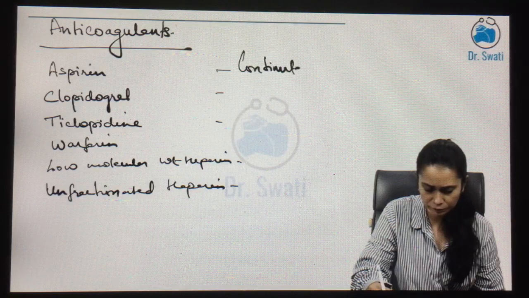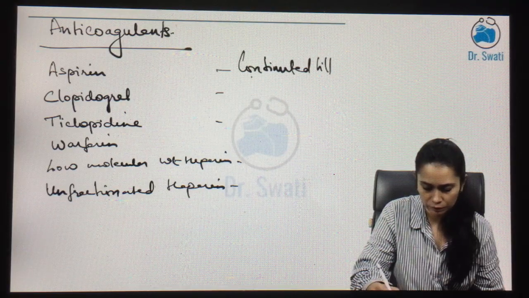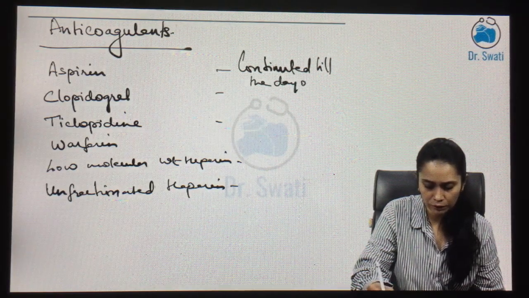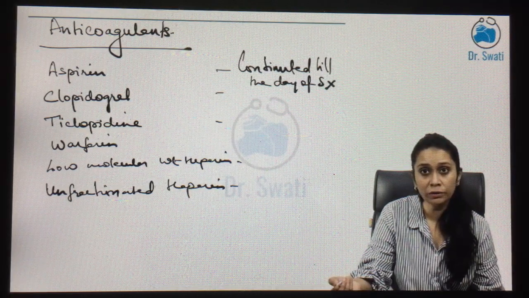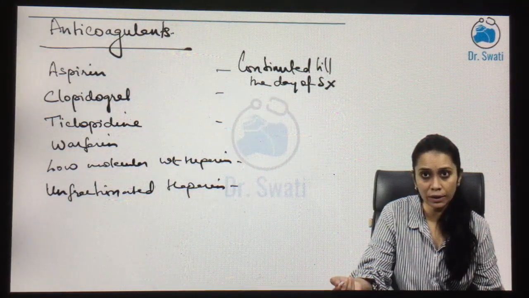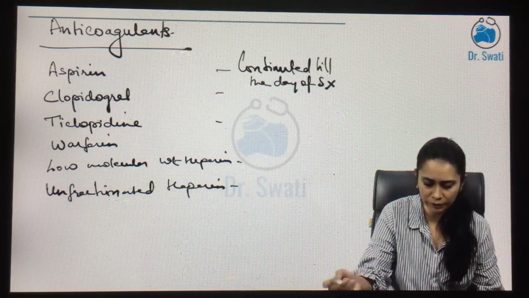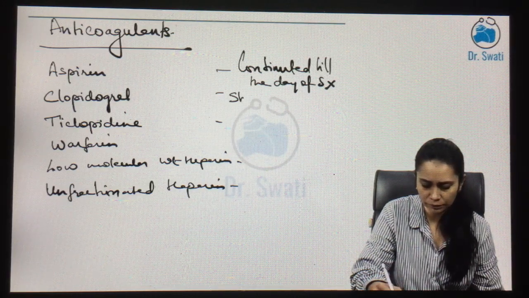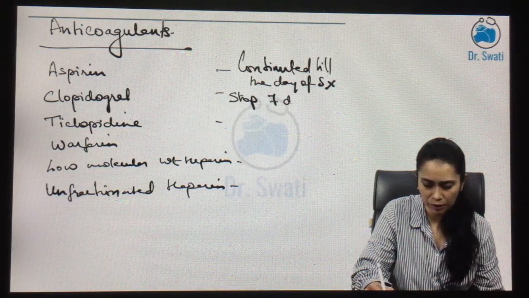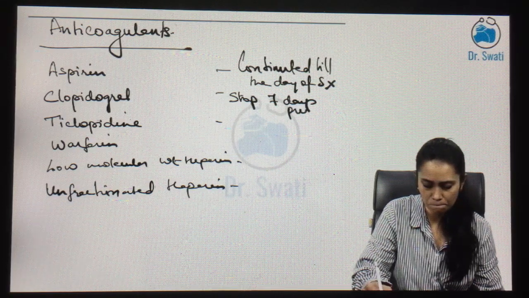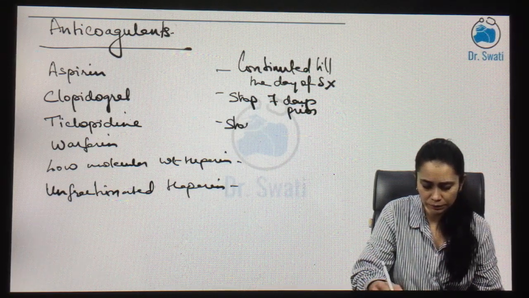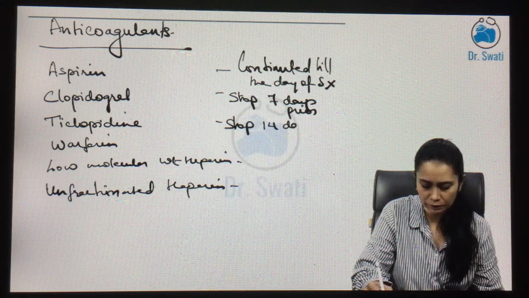So aspirin is continued till the day of surgery, for all surgeries, guys. Okay? Clopidogrel, stop 7 days prior. Ticlopidine, stop 14 days prior.